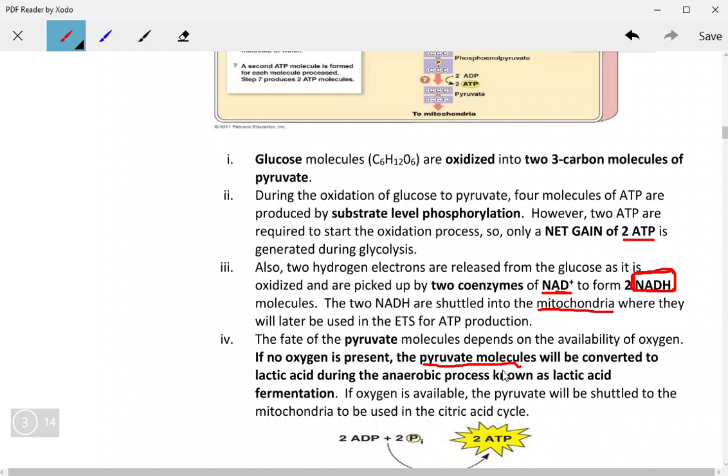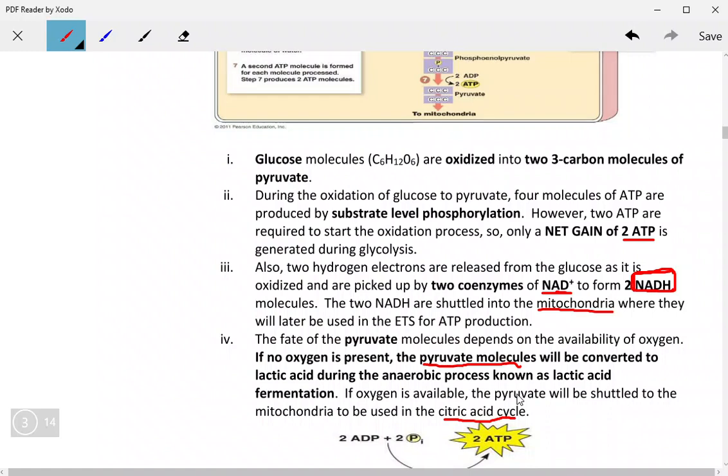That next process is going to be the citric acid cycle. Keep that in mind. So I'll repeat that. If oxygen is present, pyruvate will then be moved into the mitochondria for the next process of cellular respiration. That next process is the citric acid cycle.